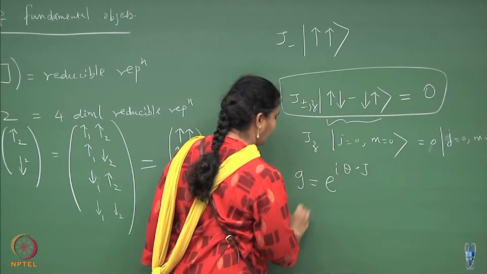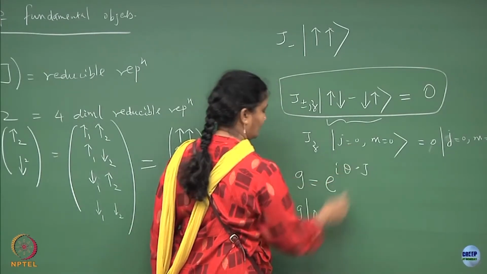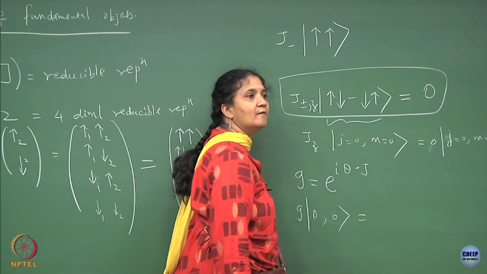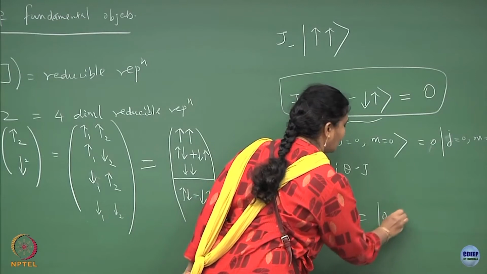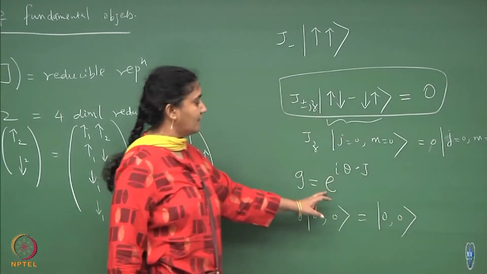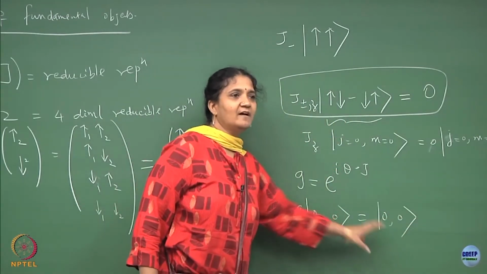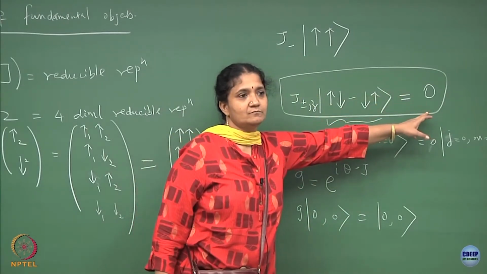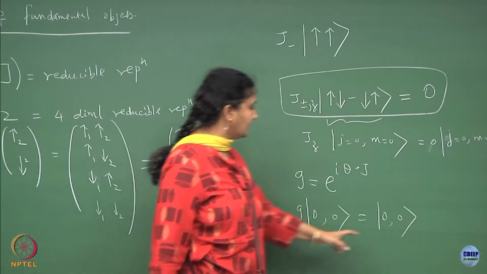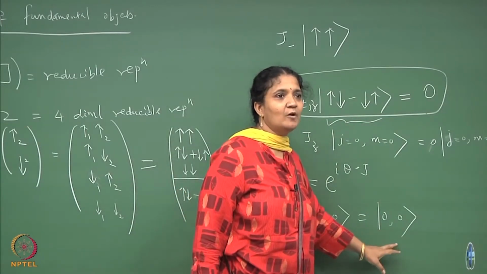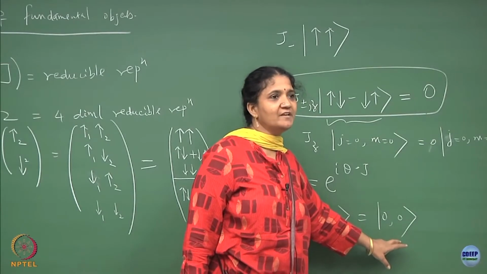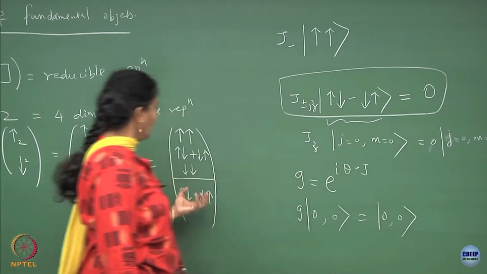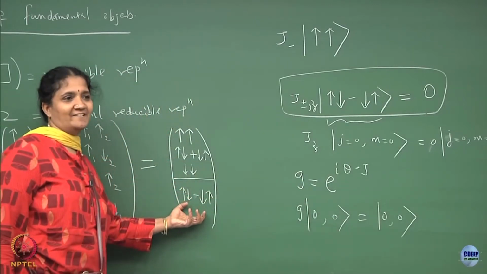If g operates on 0 0, what will this give me? 0 0. Why is that? Because the identity element will give you that, the others are all going to give you 0. So, this is what we call a singlet, or a trivial representation, or a one-dimensional representation. It is a loner, that is why it is called a singlet.